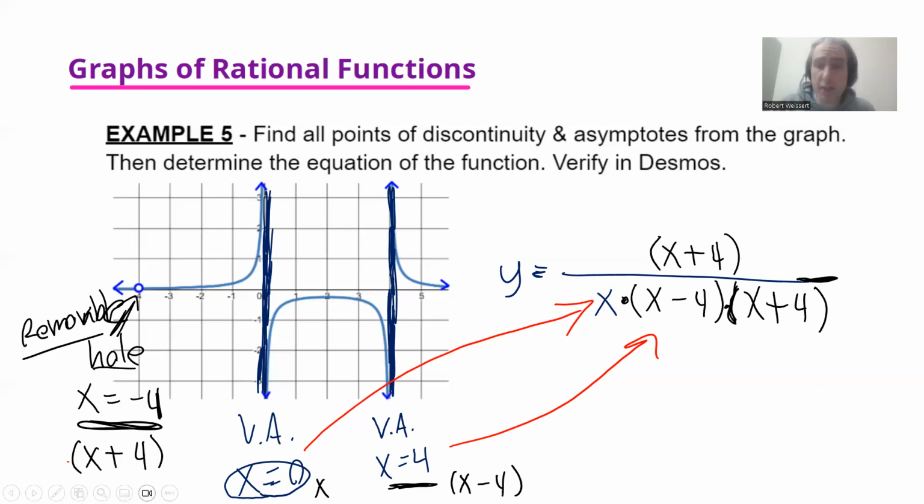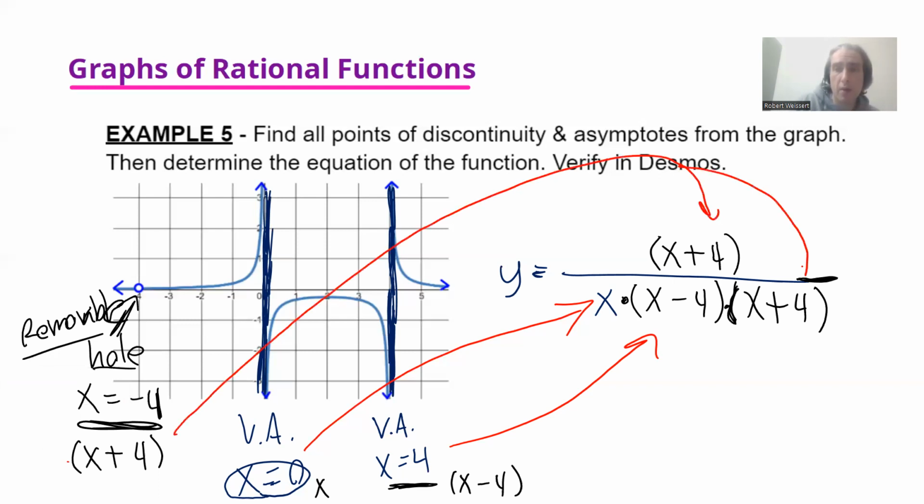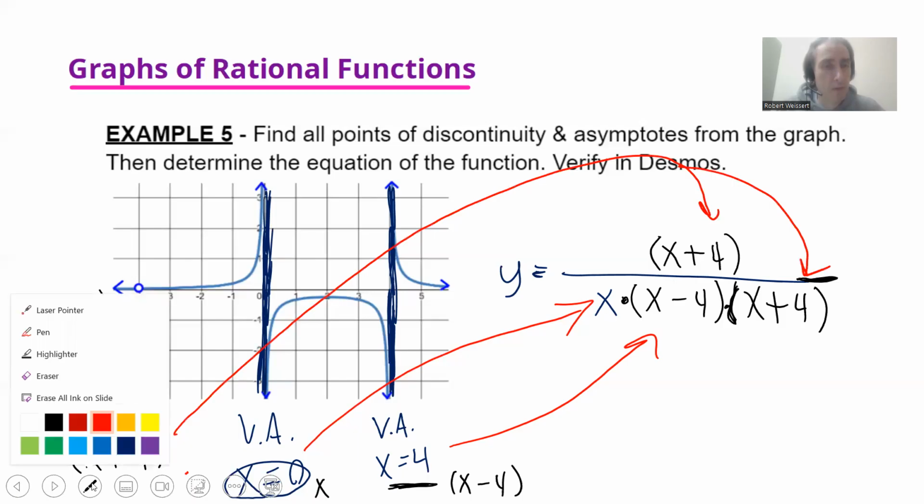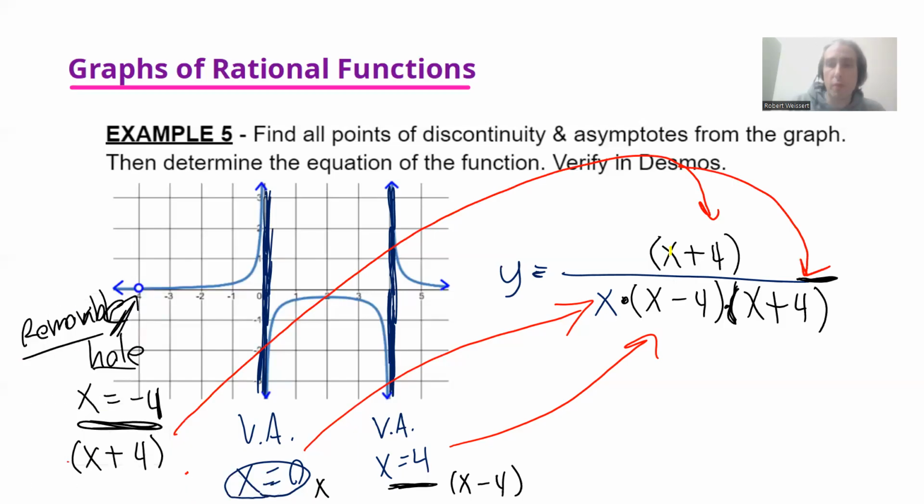And let's verify that in the graph. First thing I want to do is get my pen, linking this x plus 4 to there and there, because as you know, when you graph this thing, those would cancel out. So purely from a visual point of view, those are removable, so those would cancel out. You would get the -4 hole in the graph from that.